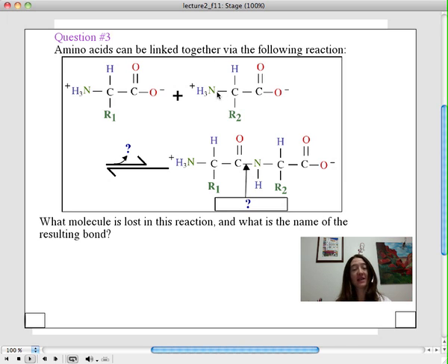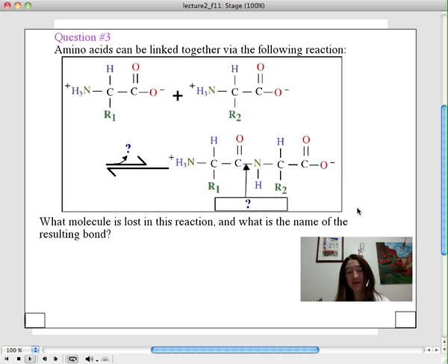If the 2 of them bind together and form a linkage, what is the name of this bond? And what molecule is lost when this bond forms? So Kelsey will pause the vodcast as you think about the name of that bond and what molecule is lost. And again, if you're at home, go ahead and pause it while you think through the name of that.